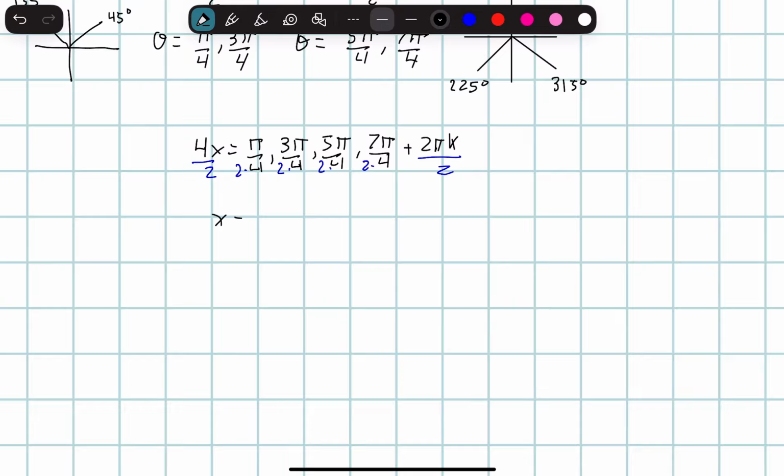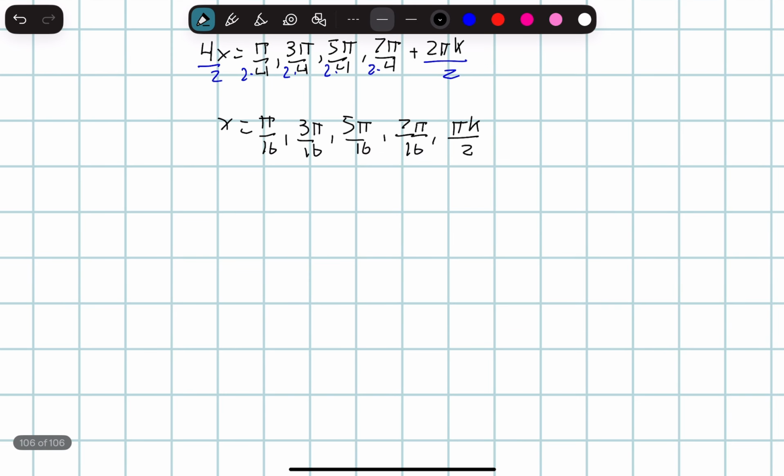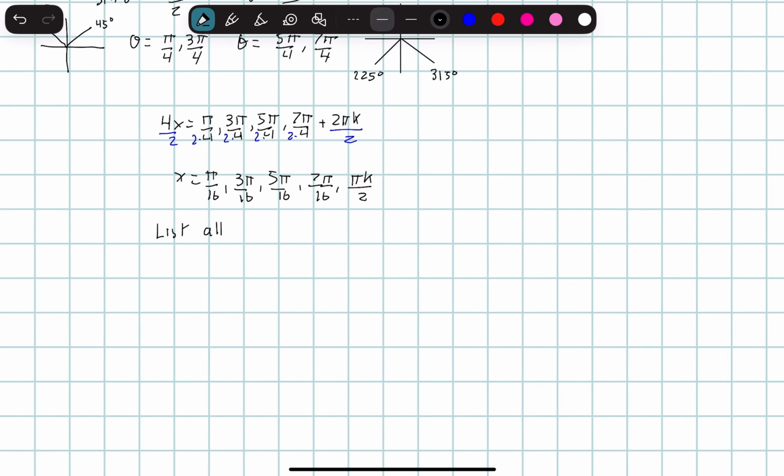Now we just have x equal to pi over 16, 3 pi over 16, 5 pi over 16, 7 pi over 16, plus pi k over 2. So now we're going to list all solutions with 0 less than x less than 2 pi.